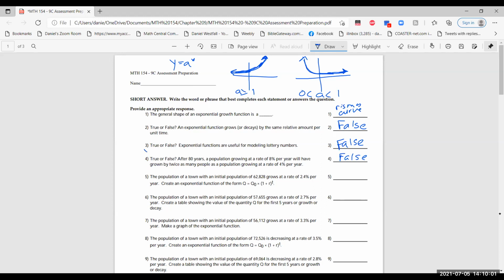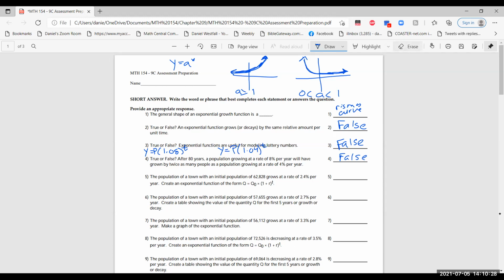So this is a model of y equals P times 1.08. P was my original population. And this is 104%, like that.